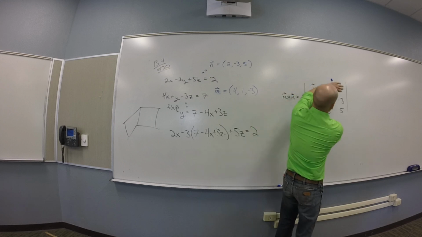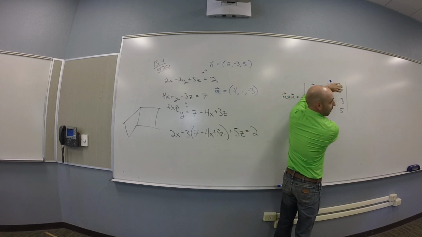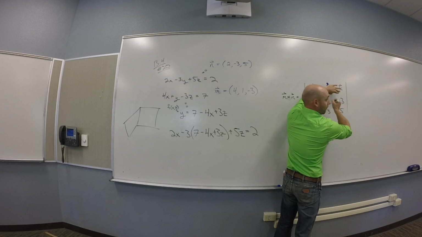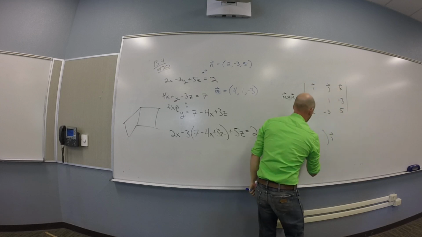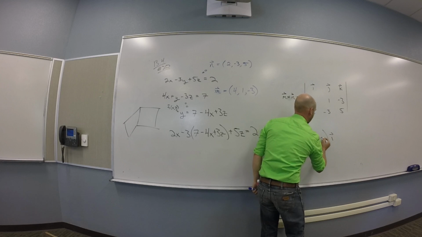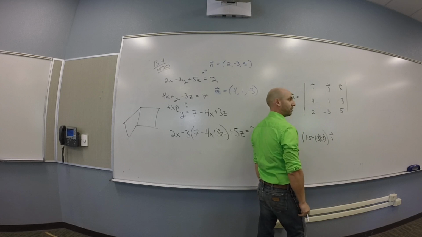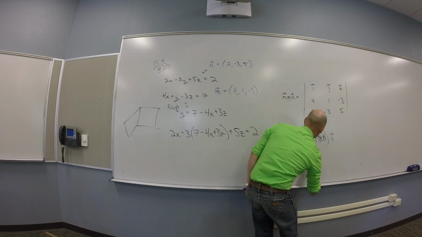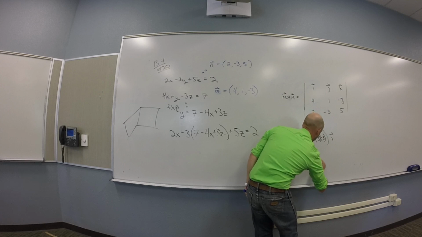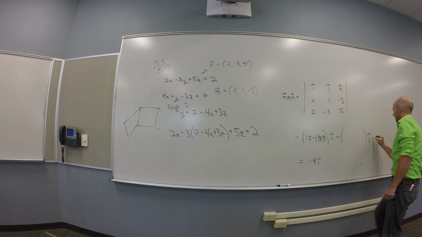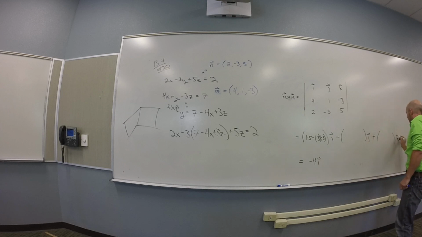So remember, I'm covering up the row and the column, and I'm doing this minus that, which gets me 1 times 5 minus 3 times -3, which is just -4. So I got -4i, then I got a minus some j's and plus some k's.